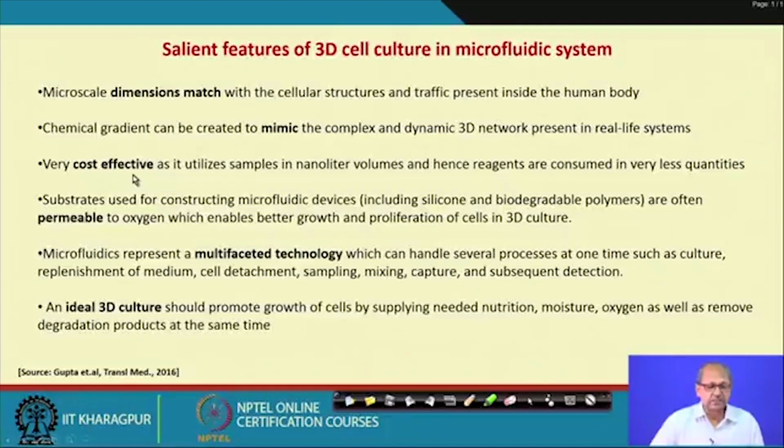It is very cost effective, and substrates used for constructing microfluidic devices, including silicon and biodegradable polymers, are often permeable to oxygen. Microfluidics represents a multifaceted technology which can handle several processes like sample mixing, capture, and subsequent detection. An ideal 3D cell culture should promote growth of cells, supplying needed nutrition. So, that is why you want to grow the cells in a 3-dimensional system at microscale.